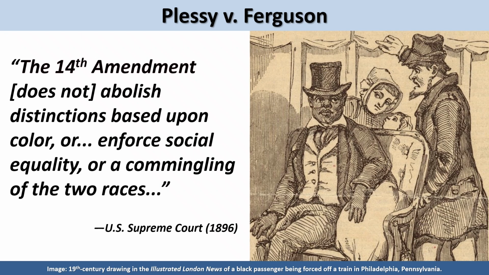Some argued, however, that the 14th Amendment made it unconstitutional for Louisiana to have this law, since it gave white citizens and Black citizens different rights. Courts in Louisiana heard the case first, but eventually the disagreement went all the way up to the highest court in the United States, the Supreme Court.